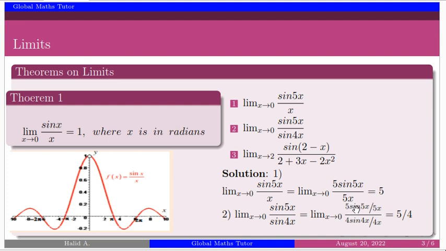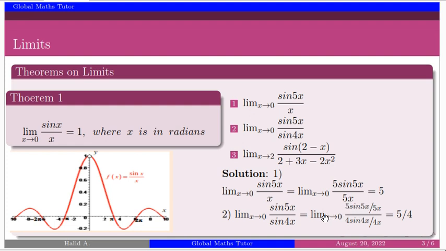Thus, 5 times sine 5x over 5x, over 4 times sine 4x over 4x. The numerator looks like the one in question 1, it is the same as that numerator.